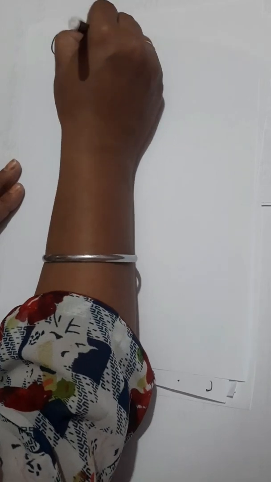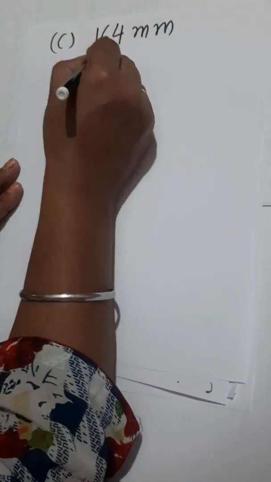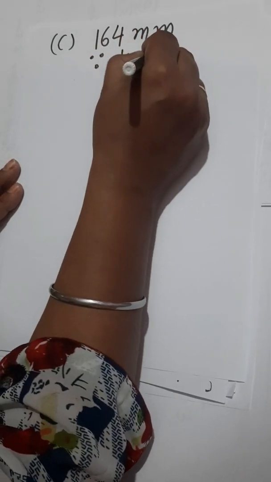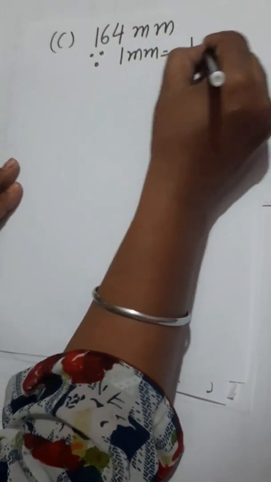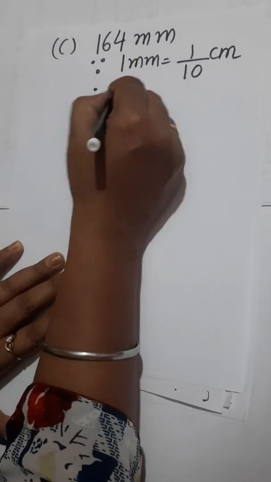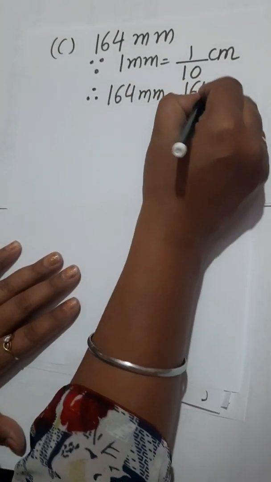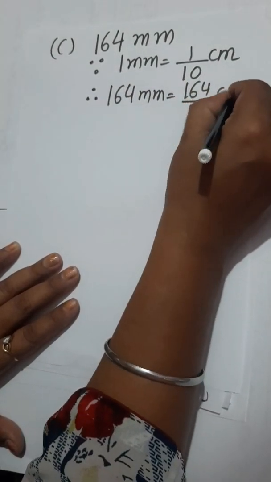Now next we have C part, 164 millimeter. Again, you will write since 1 millimeter is equal to 1 upon 10 centimeter, therefore 164 millimeter is equal to 164 upon 10 centimeter.